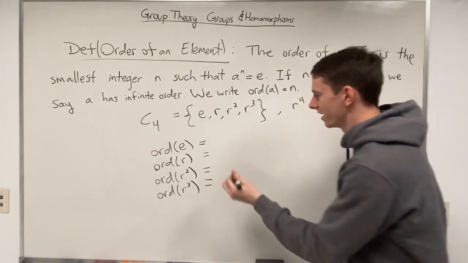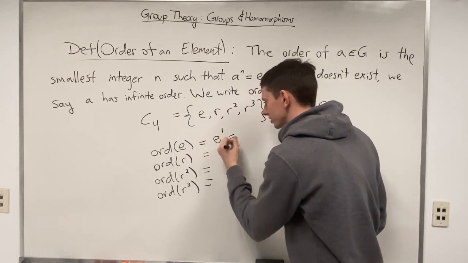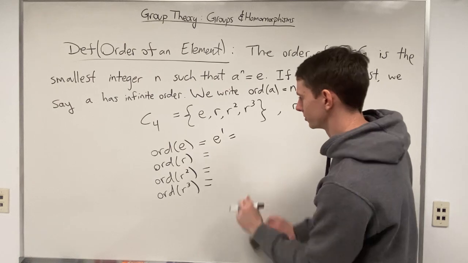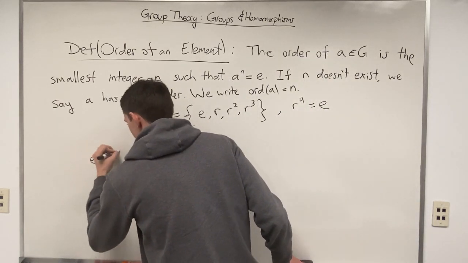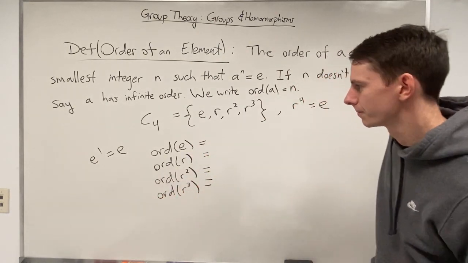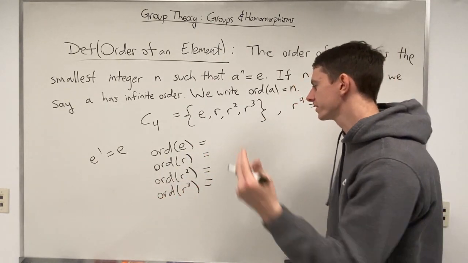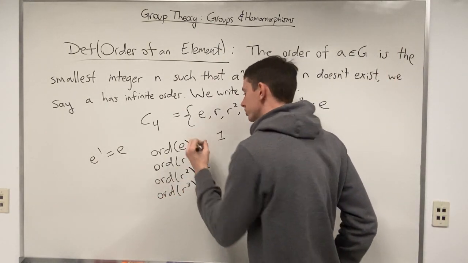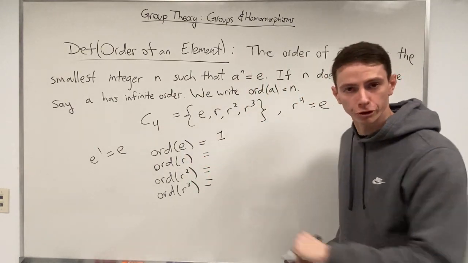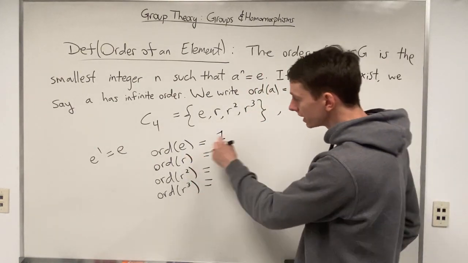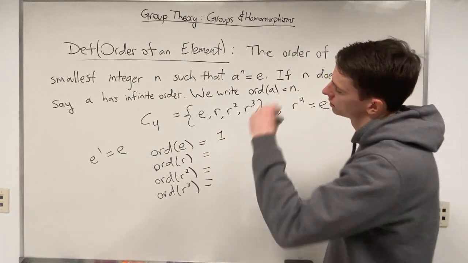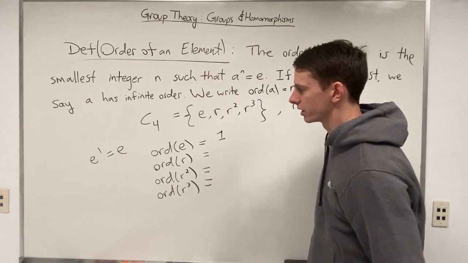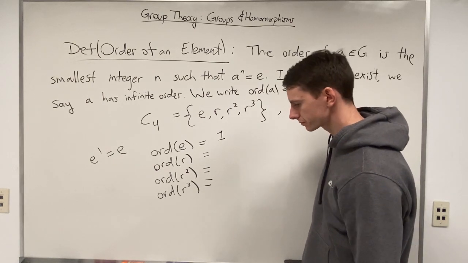We know that E to the 1 is just E. It's trivially true, right? So the order of the identity element, and this is going to be true regardless of what group we're working with, is just going to be the number 1. It is the smallest value that gets us back to the identity.